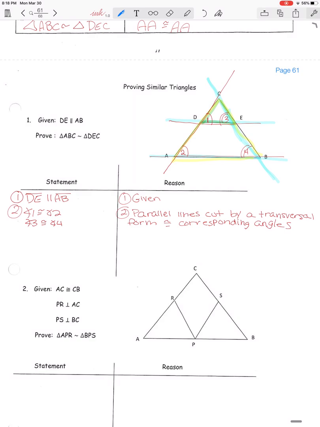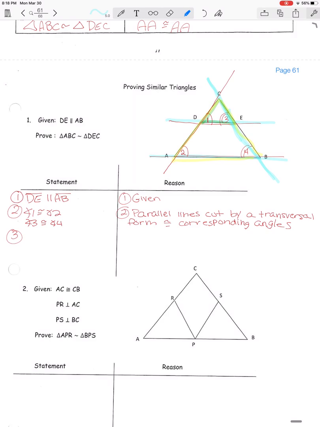But some of you might have gone a different way with this. Some of you might have said the reflexive as well. If you notice, again, C is in both triangles. So, since C is in both triangles, I'm going to redraw both triangles so you can see what I'm talking about.